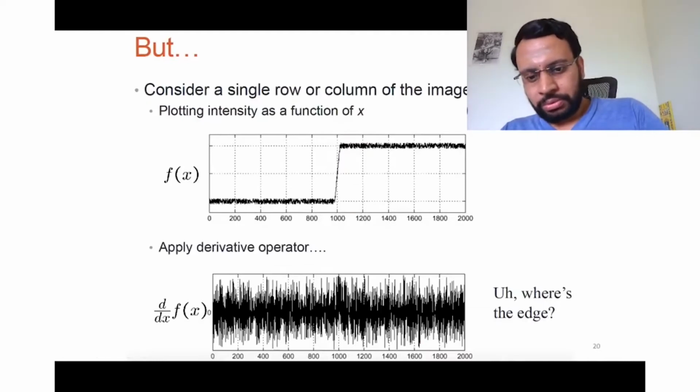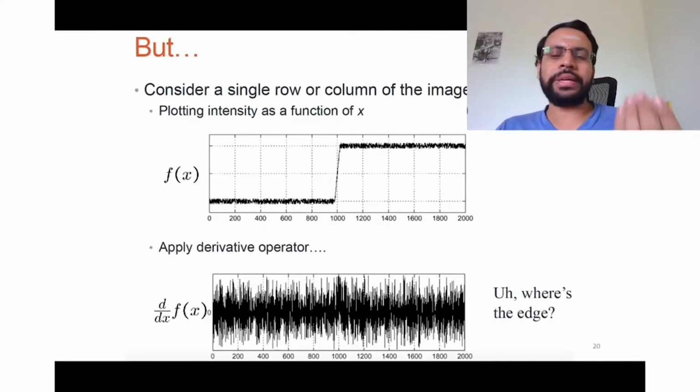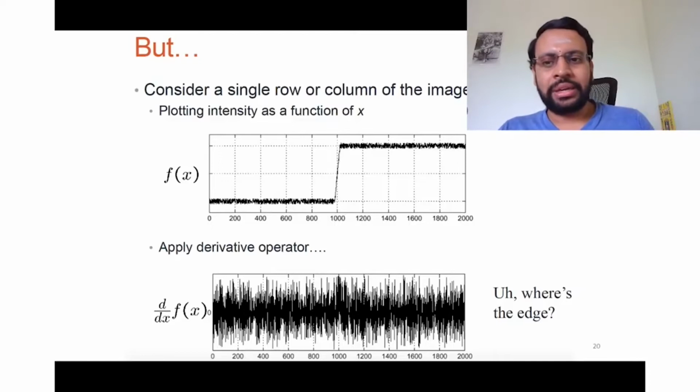Now for the sake of simplicity, let's come back to 1D again, and this is again a very commonly known thing to you. Finding a derivative would give you the information of the presence of an edge, as the derivative would tell you where there is a sudden change.